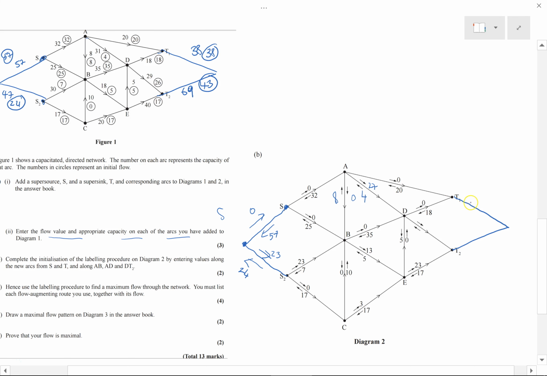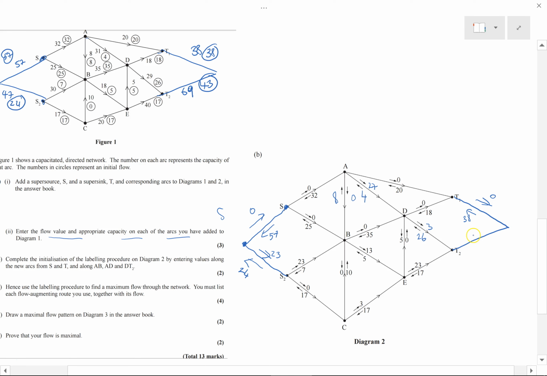Coming along this one, let's do the top one first. We've got a flow of 38, so it's a 0 there because they're both at capacity. Then this one here, let's do the 29 and 26 one first. We've got a flow along DT2 of 26, which we can increase by 3.